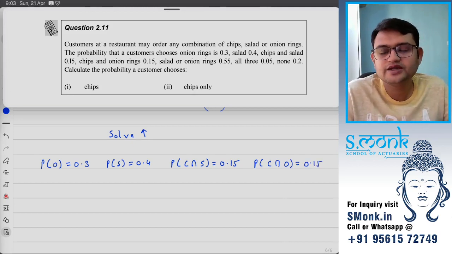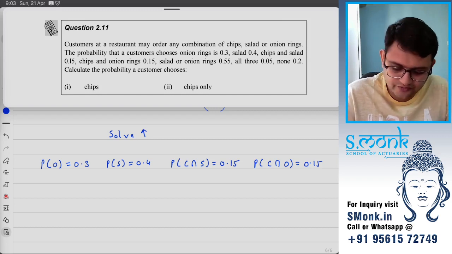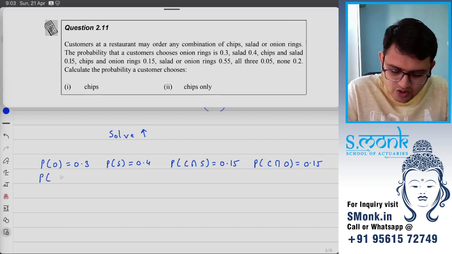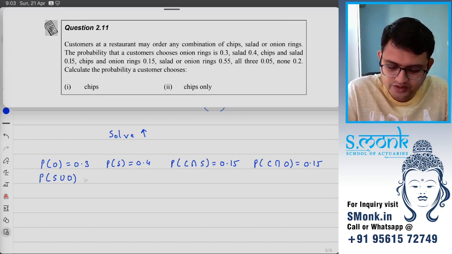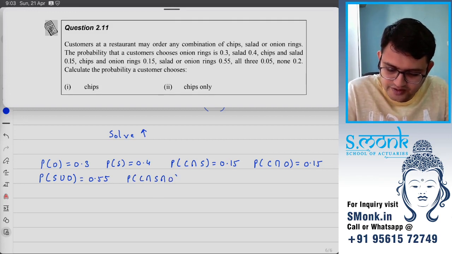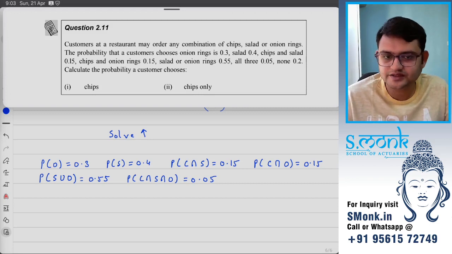Salad or onion rings is 0.55. When I say or, salad or onion rings would be a union, 0.55. All three, that means chips and salad and onion rings, would be 0.05.